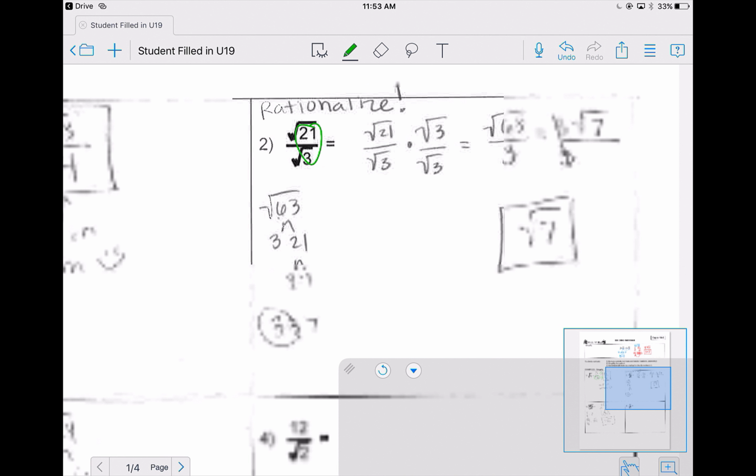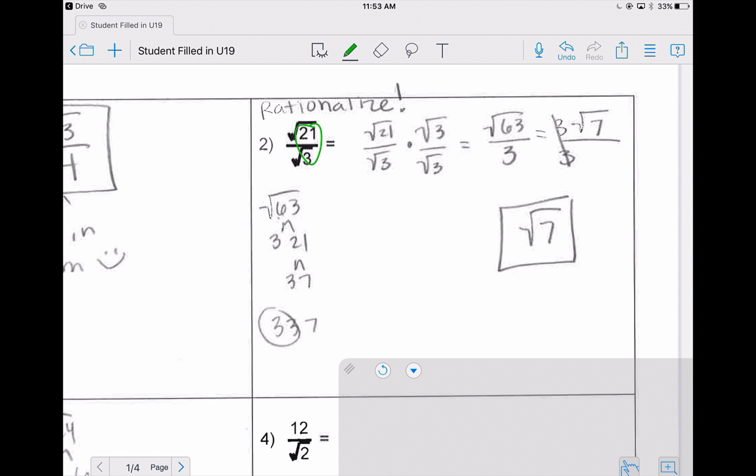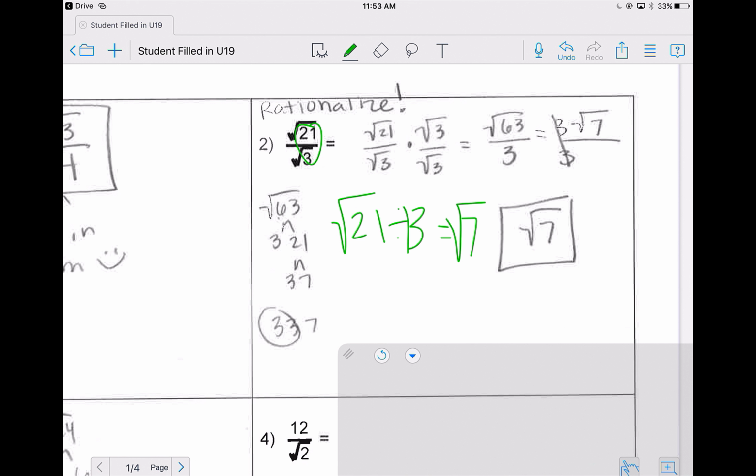Now when I did the notes, I didn't think about that because that's not how my brain works, but that's okay. So a lot faster way would just be to say 21 divided by 3 is 7. We haven't done anything to get rid of the square root, so it's just the square root of 7. But because the square root of 7 does not have a square root on the bottom, we don't have to do anything else.